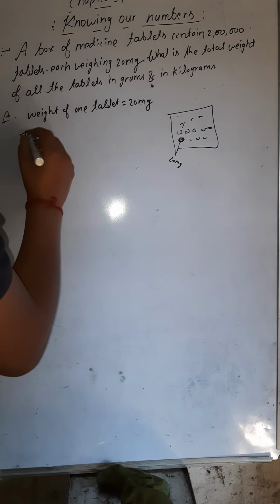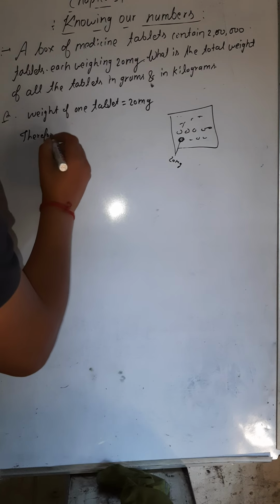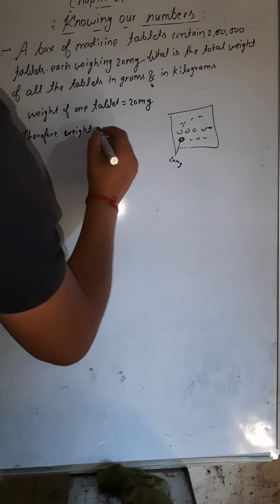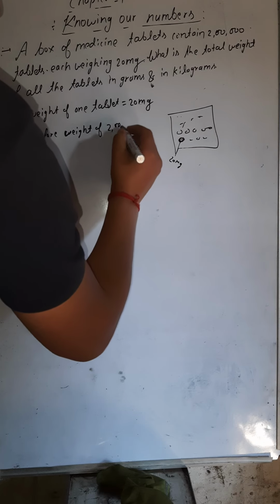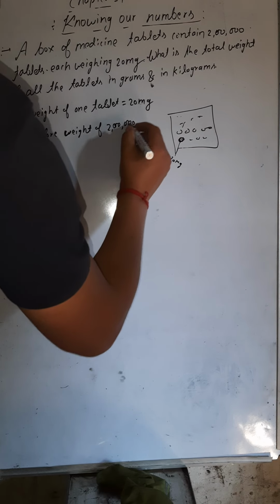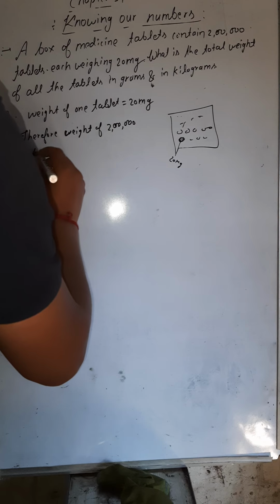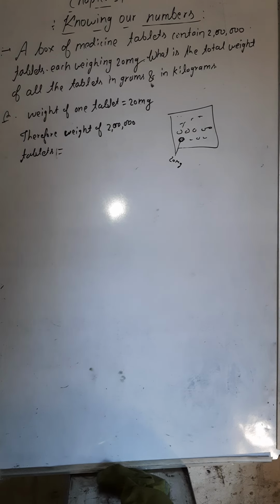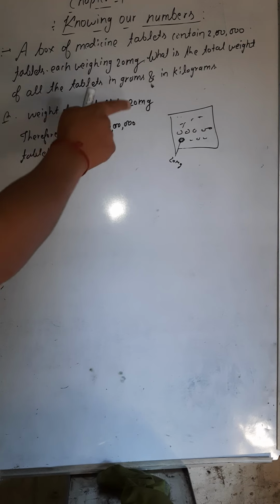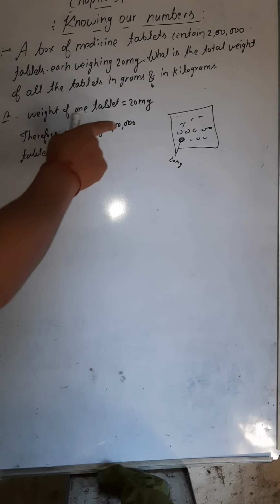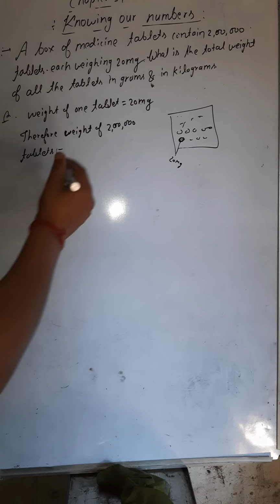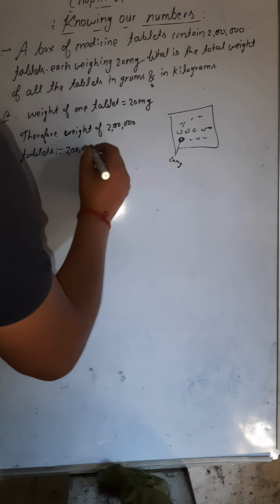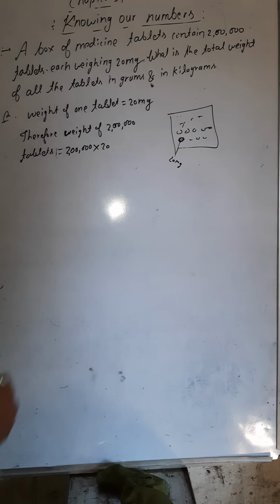Therefore, the weight of 2 lakh tablets. Can you tell me what you will do to find out the weight of 2 lakh tablets? The weight of one tablet has been given. So what would be the weight of 2 lakh tablets? Yes, you will multiply. You will multiply 2 lakh by 20.